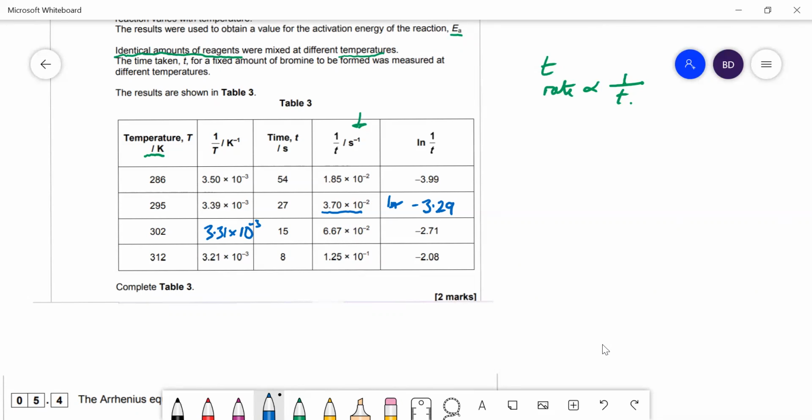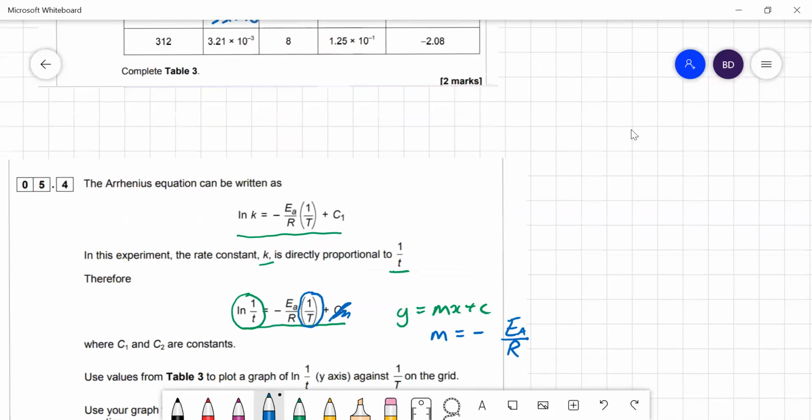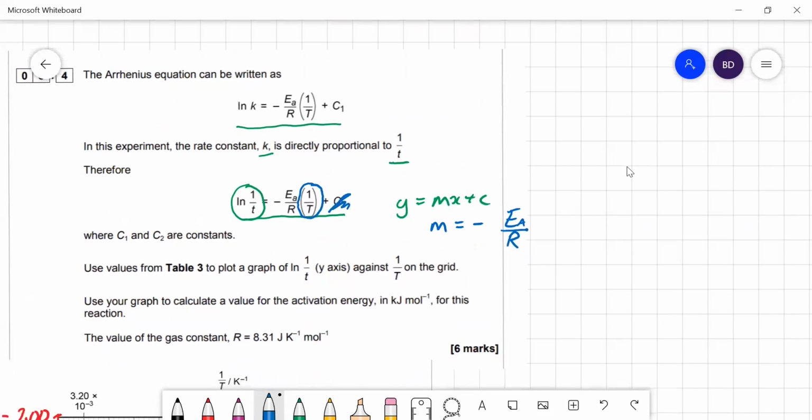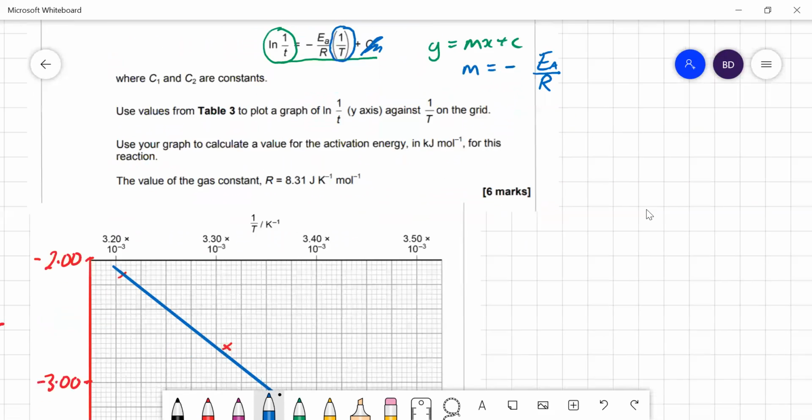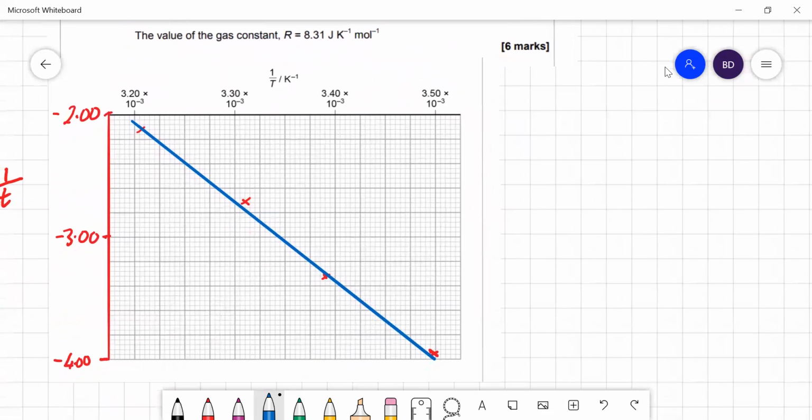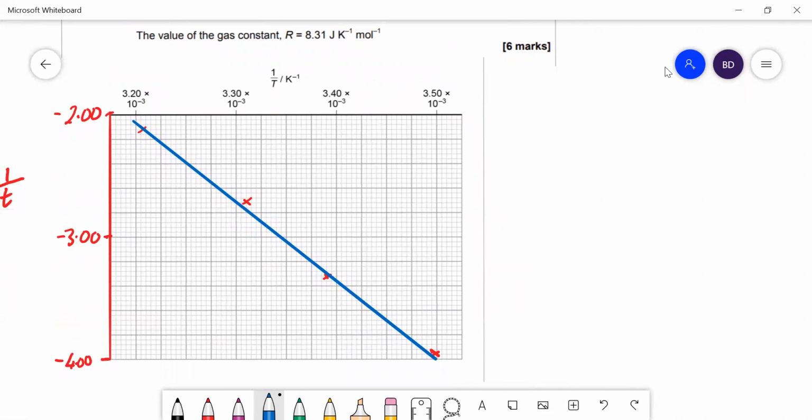Right, now, they're going to ask us to plot ln 1 over t on the y-axis, 1 over absolute temperature on the x-axis. Okay, so if you choose that scale, it fits exactly on the graph paper.